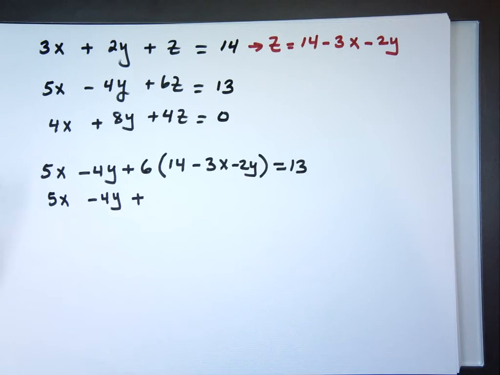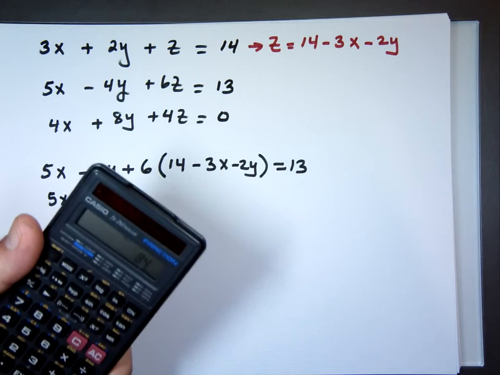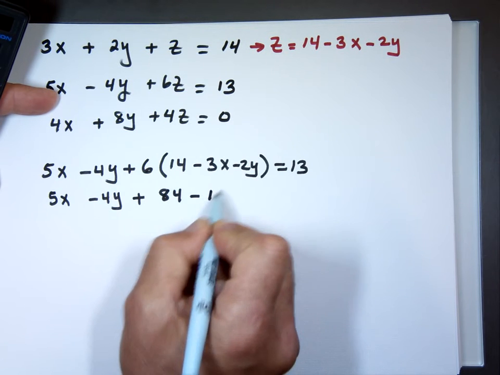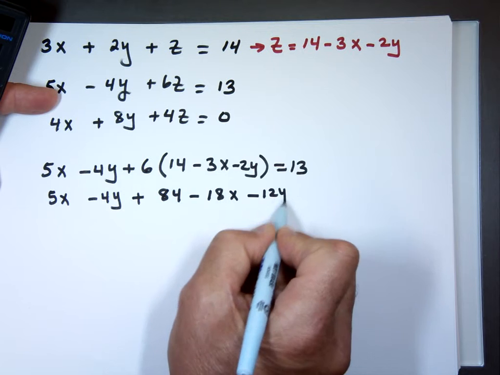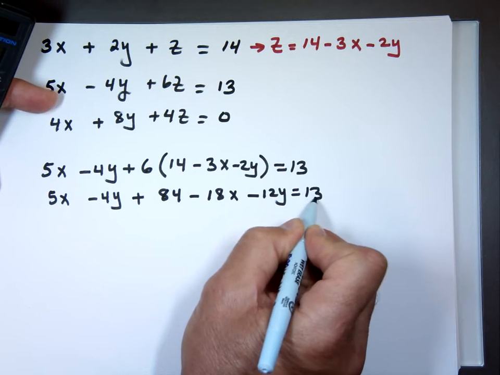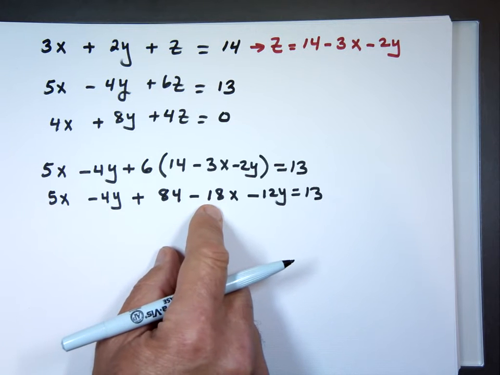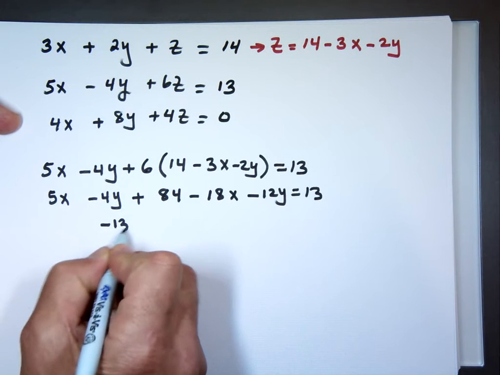Six times 14, 84. Minus 6 times 3, 18x. Minus 6 times 2 is 12y equals 13. What is 5x minus the 18x? I'm collecting like terms. 5x minus 18x is what? Negative 13x.